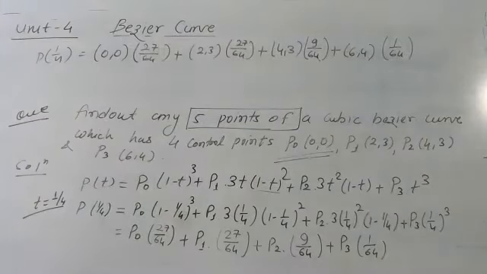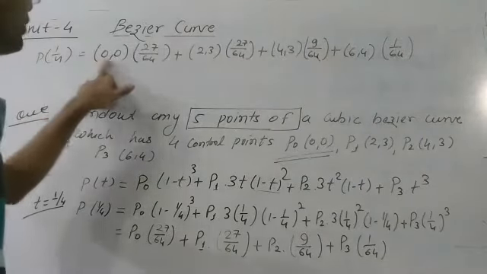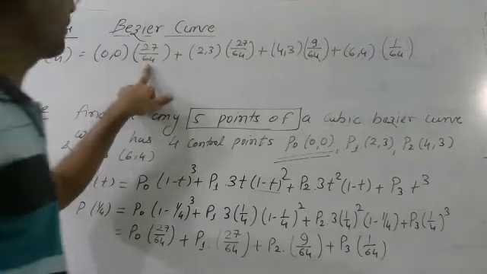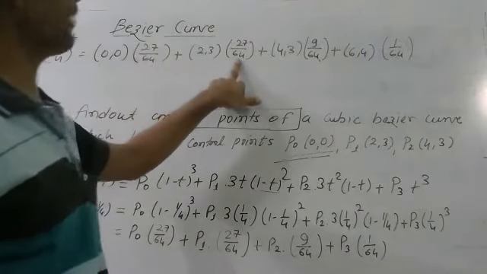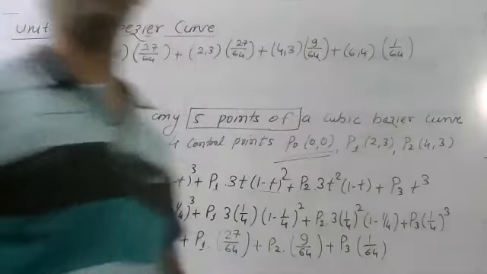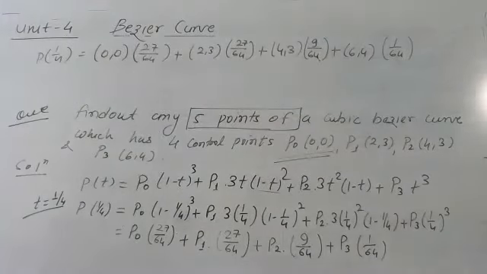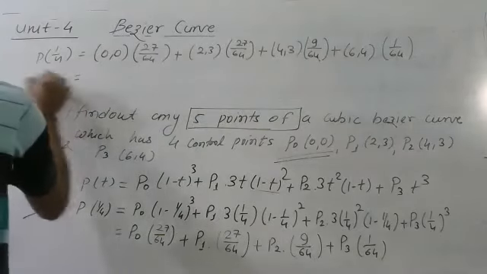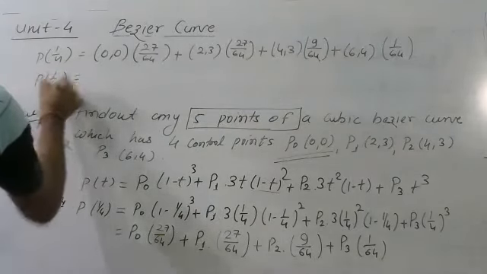Then to find the x and y coordinates, we need to separate all the x coordinates and all the y coordinates into one chunk each, so that we can find the final coordinate of the curve.